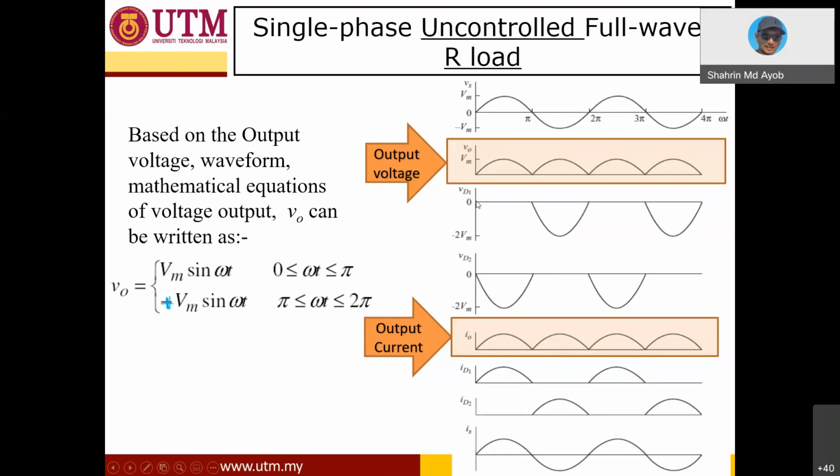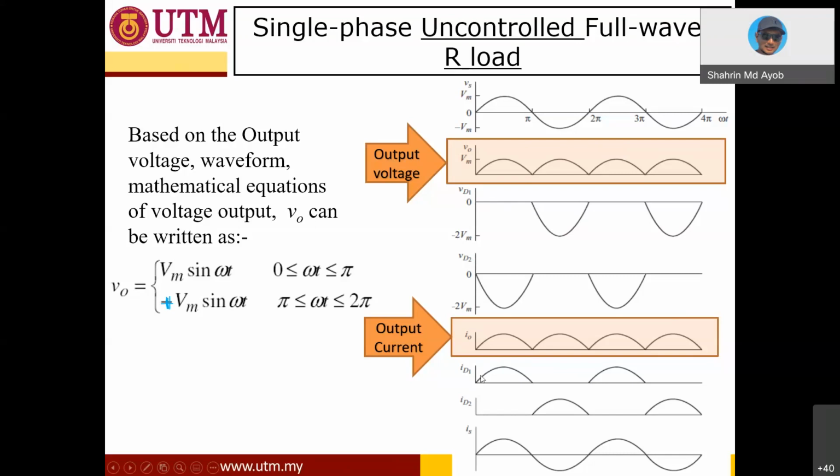The diode for the positive half cycle is turned on, so there is no voltage drop, as we consider the ideal case. But for the negative cycle, it is off, and the voltage appearing across the diode is equal to 2 times the voltage input.